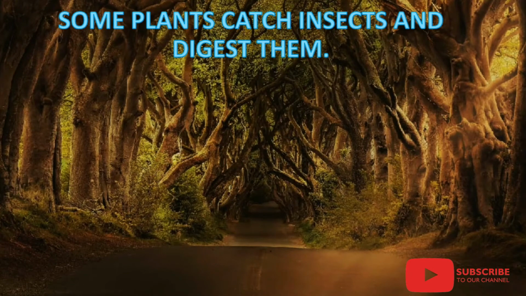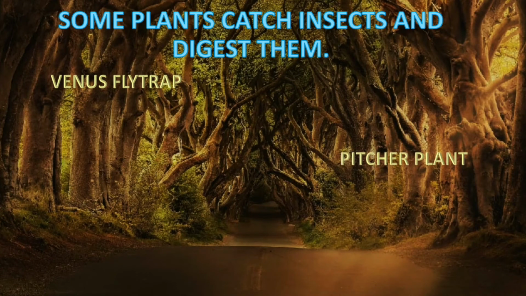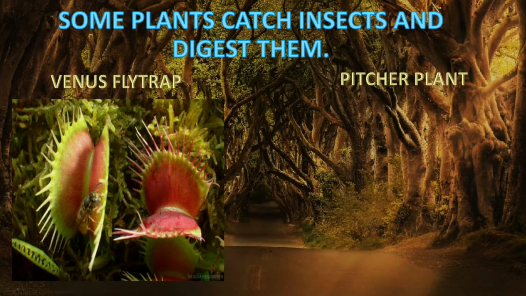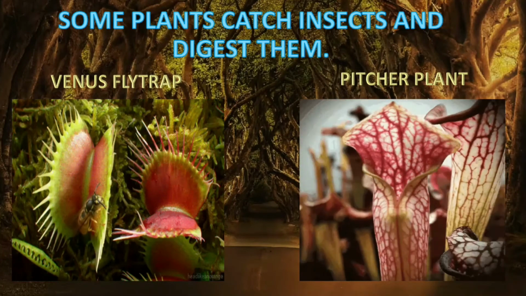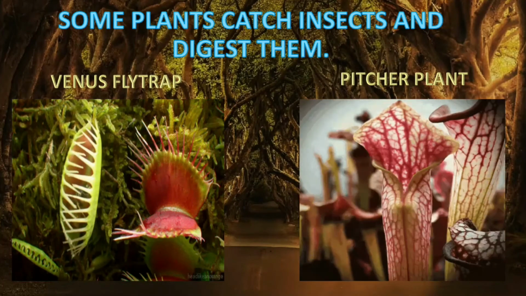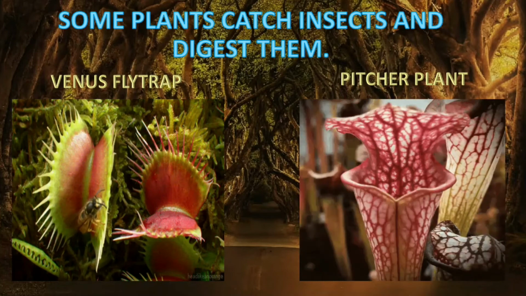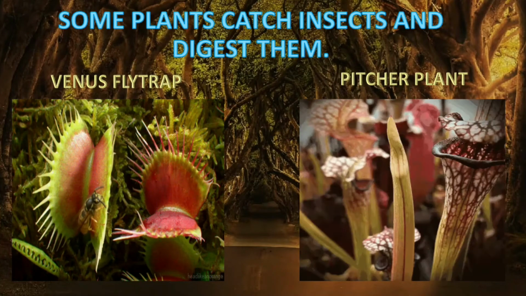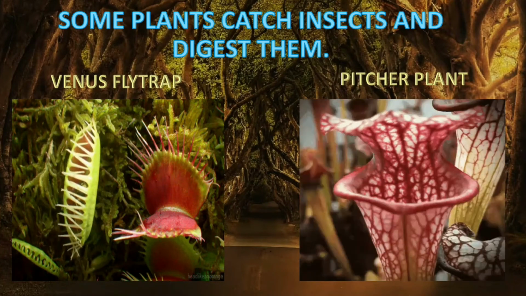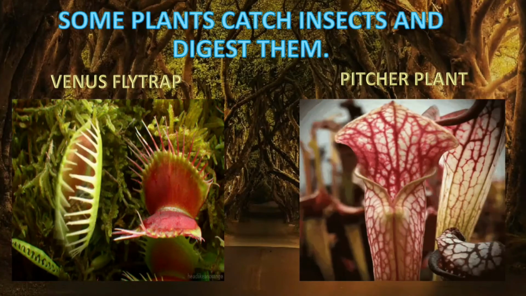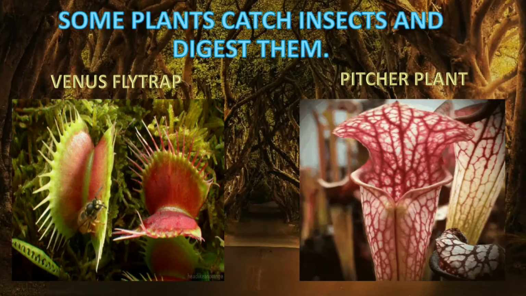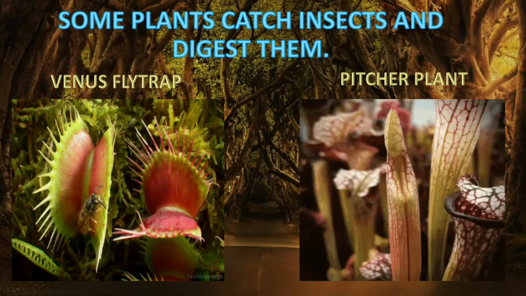Some plants catch insects and digest them. For example, the Venus flytrap and the pitcher plant. These two are plants which eat and swallow insects. In those two plants, there is a jelly or gum-like substance present on the leaf of the plant.